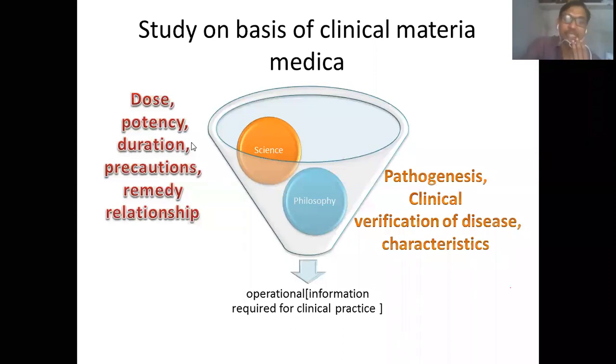months together. For example, there is a medicine in the materia medica called sulfuric acid, and sulfuric acid is a drug which is used for de-addiction of alcohol habit.